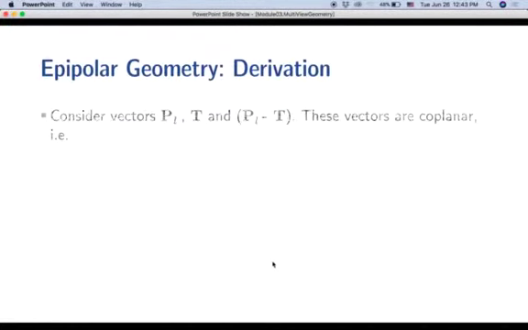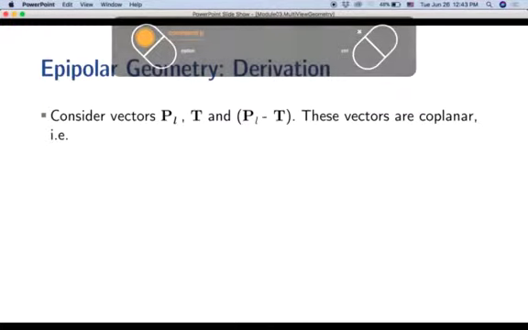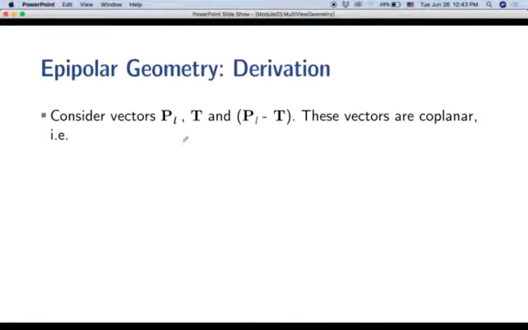All right. Okay, so now there's one really fundamental step that we need to do, and I'll take a few minutes to complete this derivation. So the claim I'm making is to consider vectors Pl, T, and Pl minus T. Here are your camera centers, O left and O right, and this is a point Pl in one camera, and in the second camera we know how to transform it.